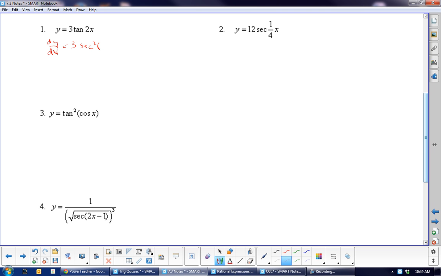U is 2x. And then du over dx would be times 2. So dy over dx, or y prime, would be 6 secant squared 2x. Okay?